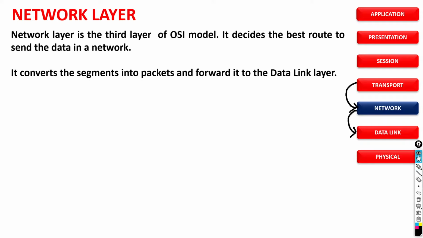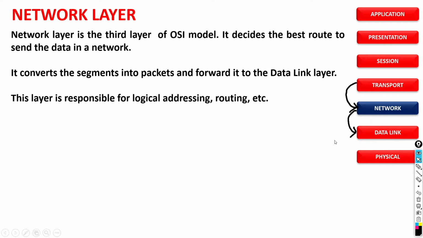Next, this layer is responsible for logical addressing and routing. Logical addressing means IP address. We are assigning IP addresses to PCs, routers, and switches, right? All of this task comes under the network layer of the OSI model. Routing means we create routes in a network. All of this is done with the help of the network layer of the OSI model.